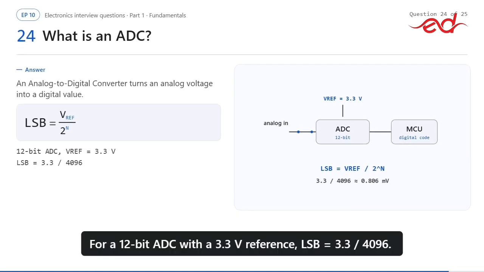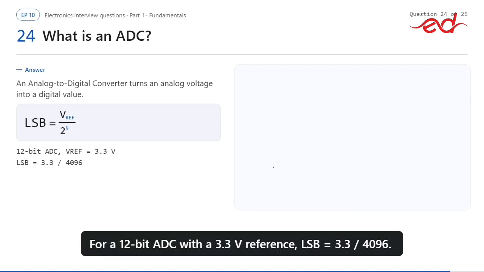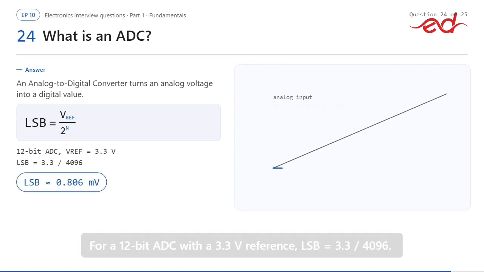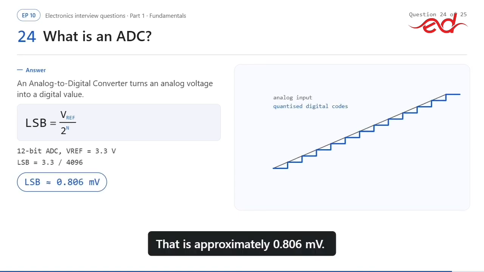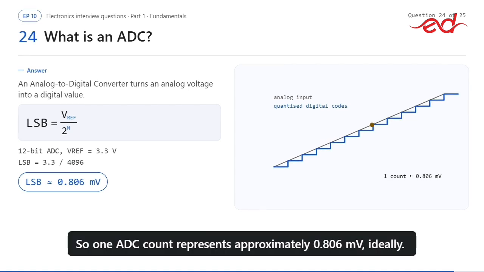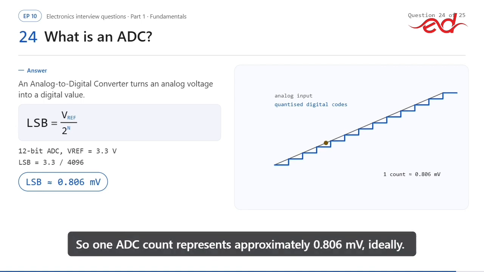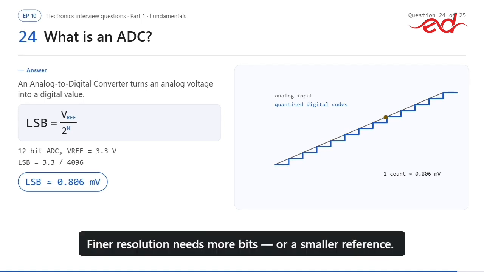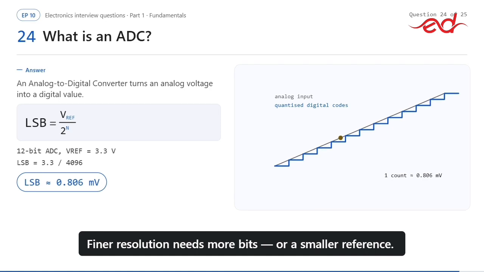For a 12-bit ADC with 3.3 volt reference, LSB is equal to 3.3 divided by 4096, which is going to be 0.806 millivolt. So one ADC count represents approximately 0.806 millivolt ideally. That's why we always prefer to use a high bit ADC to get better output, right?